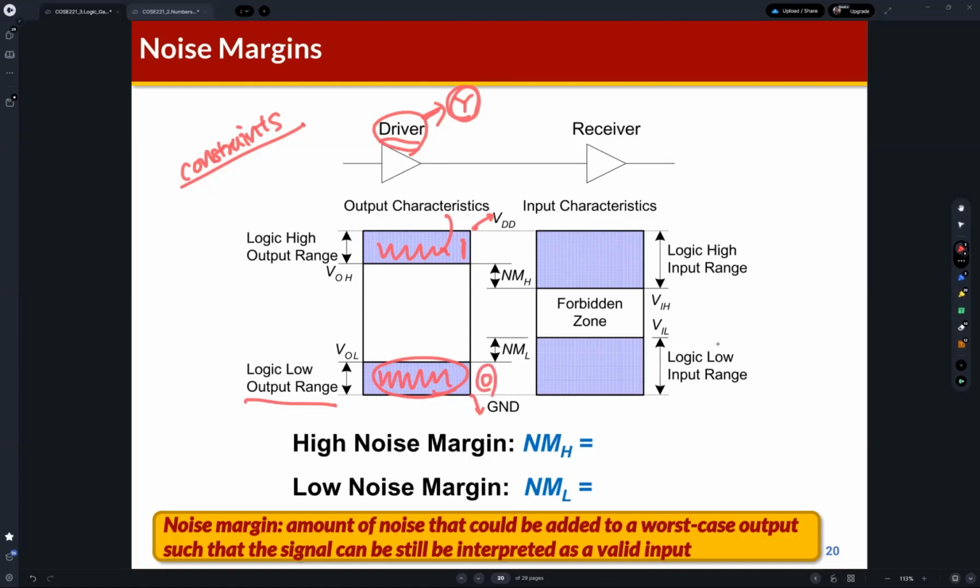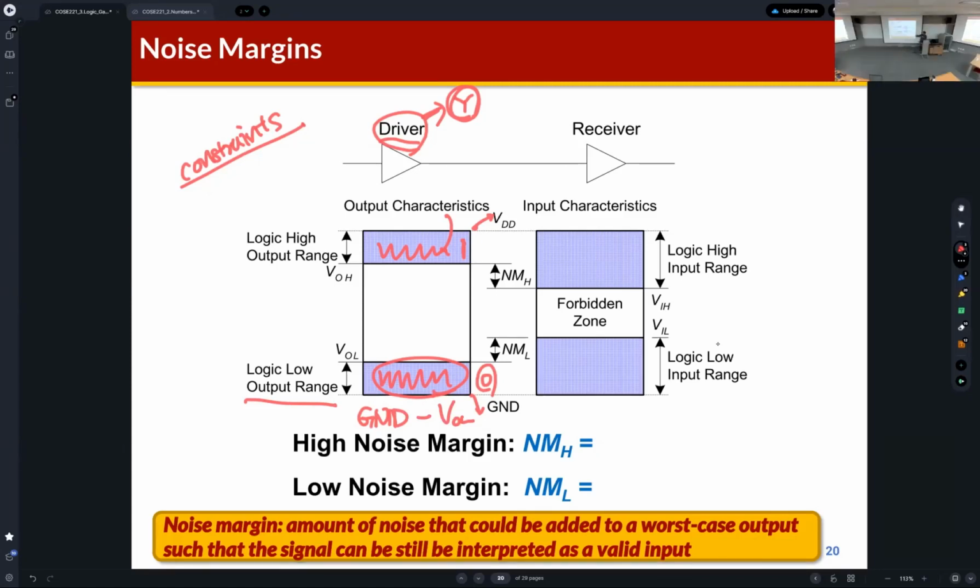If the output is 0, then the voltage level should be within this range from ground to VOL, the output low level.